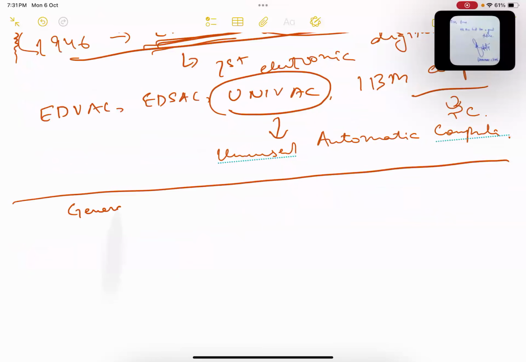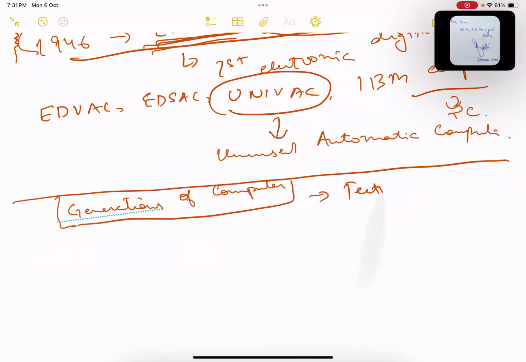Now, when we talk about generations of computer, we generally look at the technology behind the computer system. Don't get confused between the history of computer and the generations of computer.